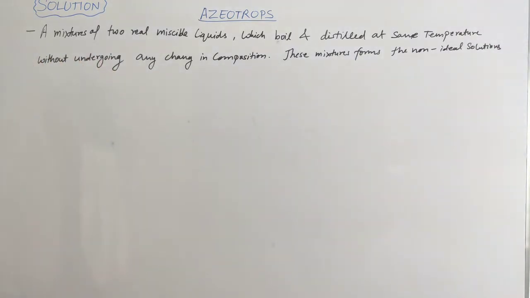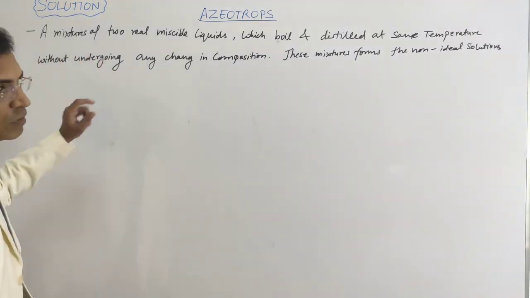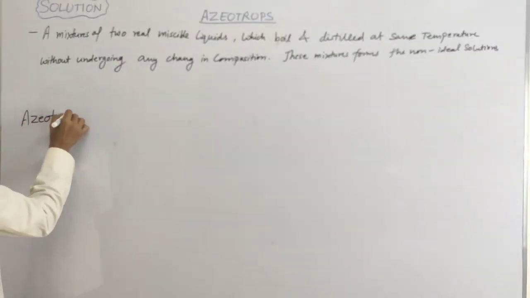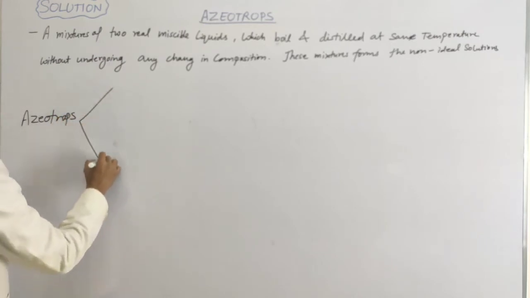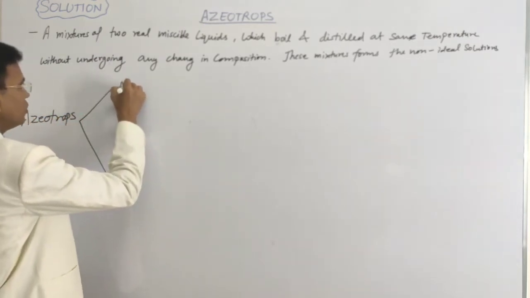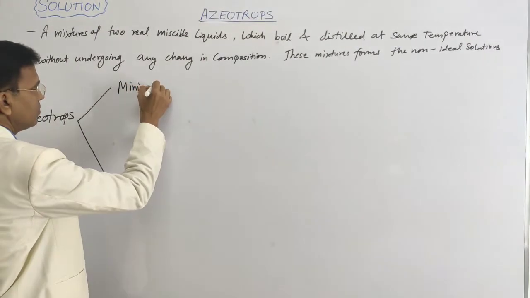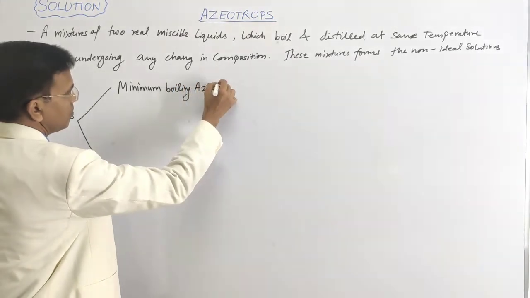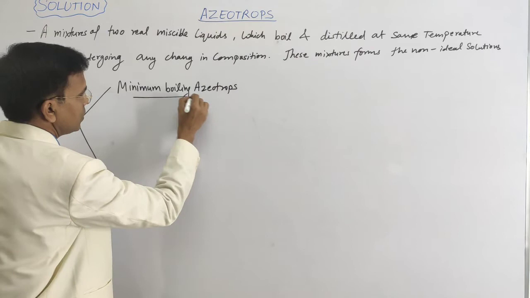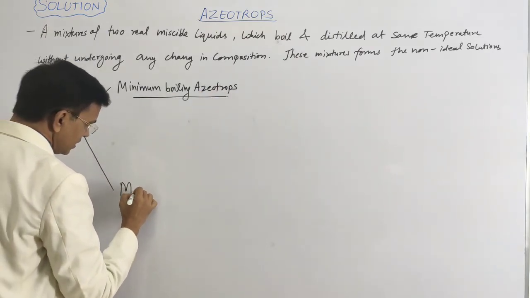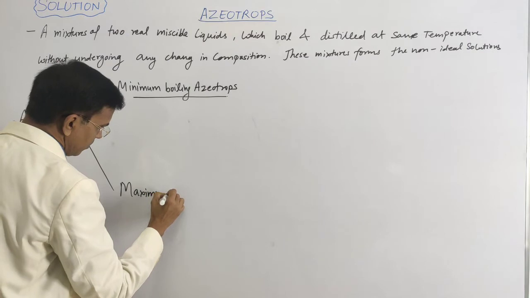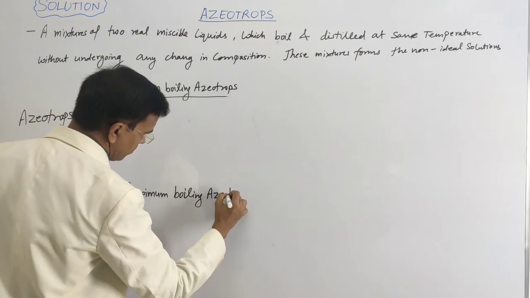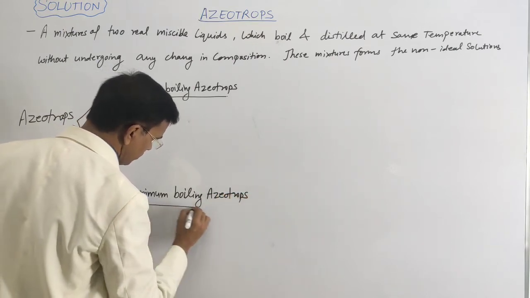Now, azeotropes are of two types. First is the minimum boiling azeotrope and second is the maximum boiling azeotrope.